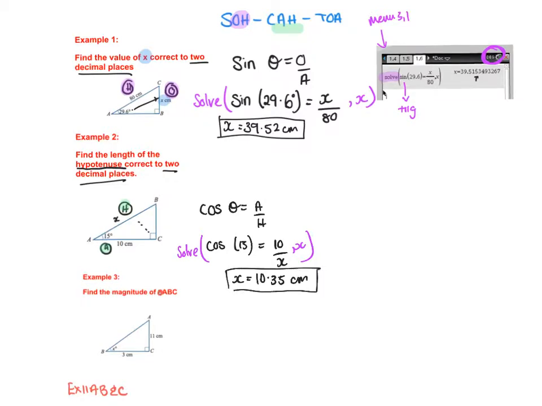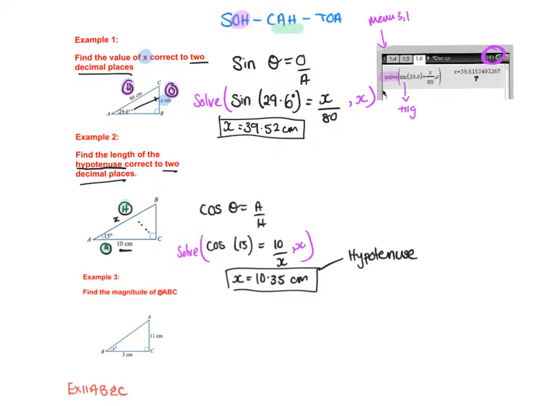Now, because this is the hypotenuse, this should be the biggest side of a right angle triangle. So I just went to check, and it is bigger than 10, so I'm hoping that's the correct answer, which it is. So just be careful. That's a good way to check your work.